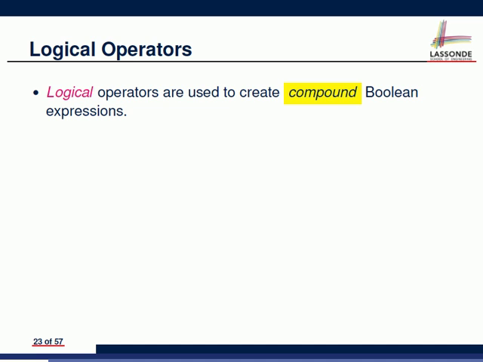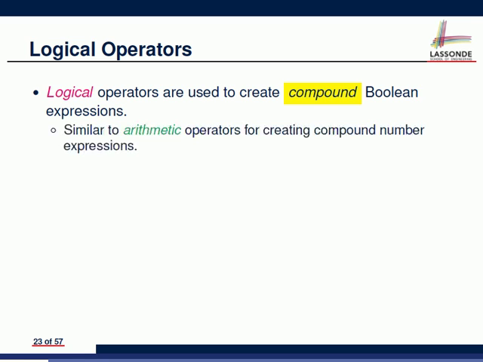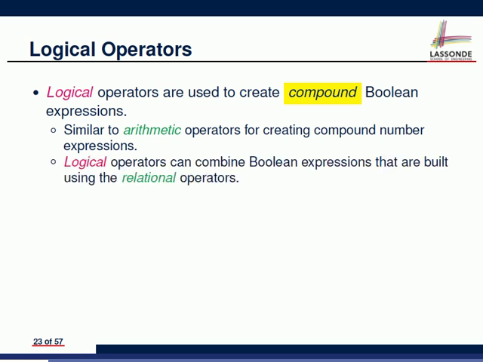An analogy is arithmetic operators, for example, you got plus, minus, multiply, modulo. Those operators are for you to build up complicated or compound arithmetic expressions. Now for logical, you can also do that, but you've got to learn about different logical operators. We're going to see how you can do that.